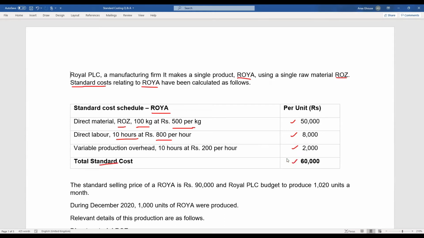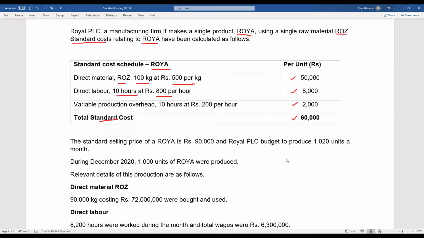So this is the standard cost, or the plan or the budgeted cost, of Roya per unit. The standard selling price of Roya is 90,000, and Roya PLC budgets to produce 1,020 units a month.